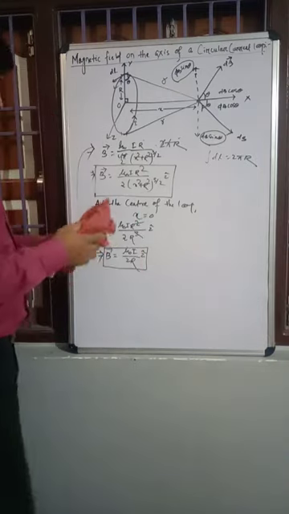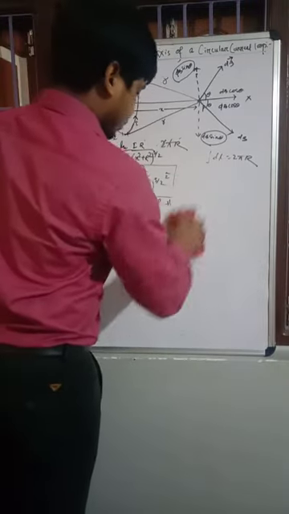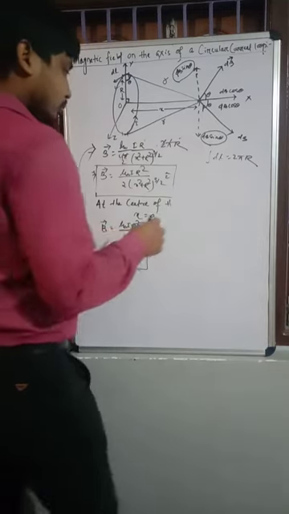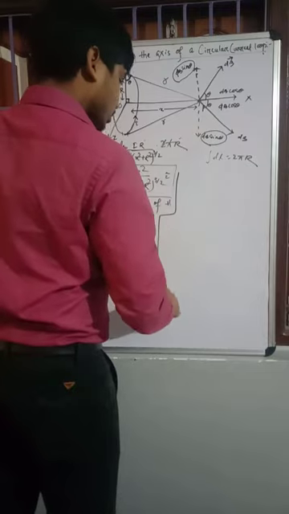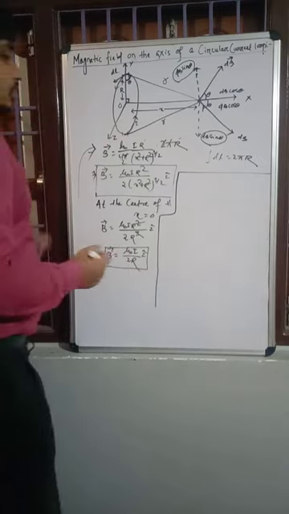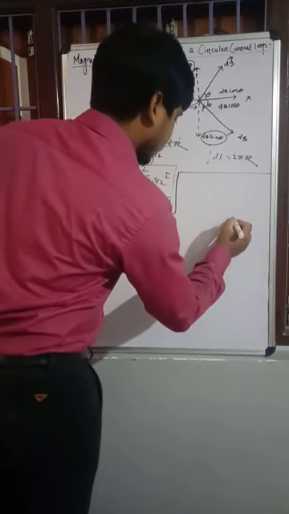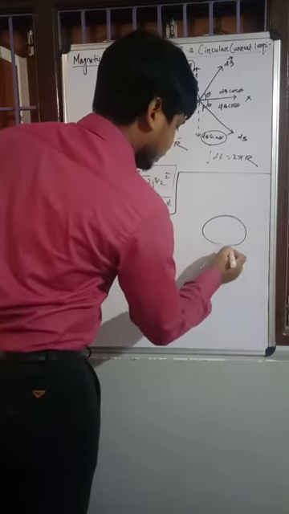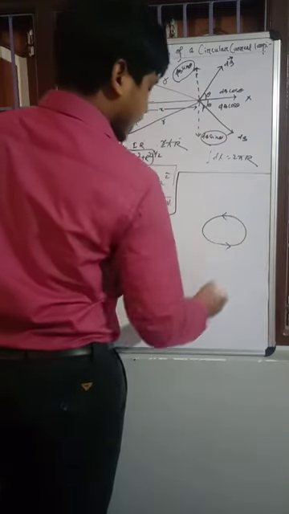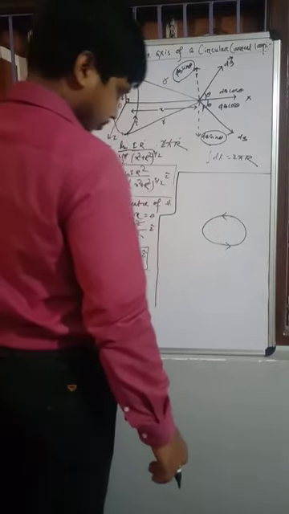Then next we will see what is the shape of the magnetic field lines due to a circular current carrying loop. Very important question. So let us consider this as a current carrying circular loop. In this anti-clockwise direction, the current I is flowing.